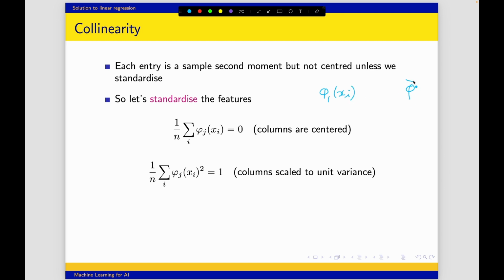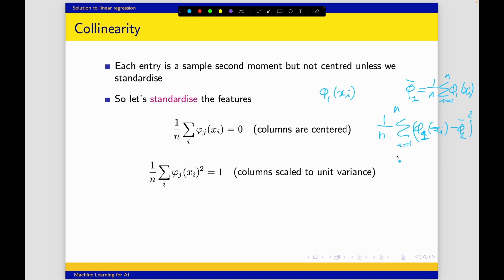The sample mean is defined as before. It's 1 over n, sum from i equals 1 up to n, of psi1 at xi. Then the sample variance is 1 over n, sum of psi1 at xi minus the mean psi1 bar, and the whole thing is squared, from i equals 1 up to n.